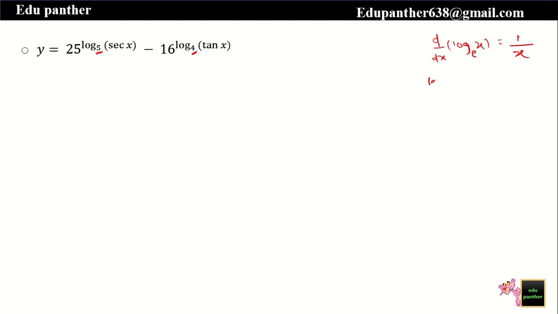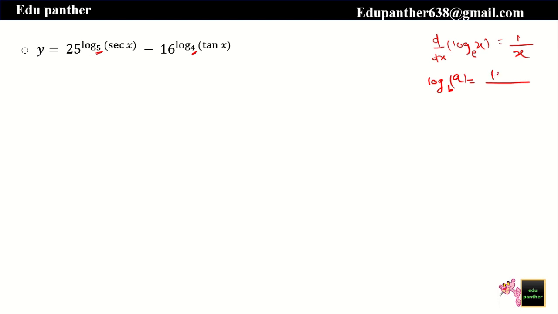So suppose this is log of a to the base b. Now we want to change this base b to any new base, say c. So for that, here is the formula. Now how to remember this formula to change the base?